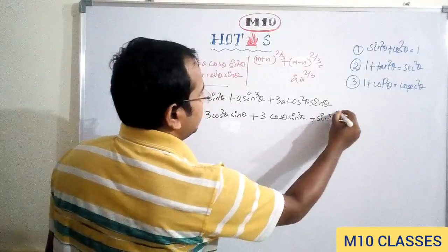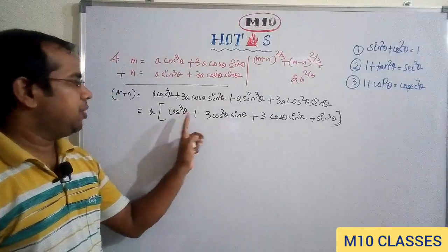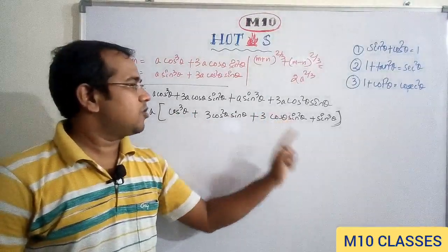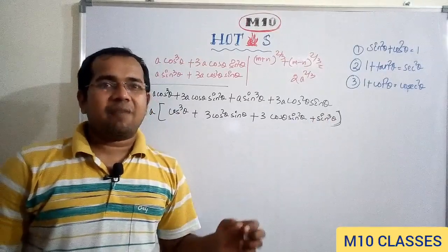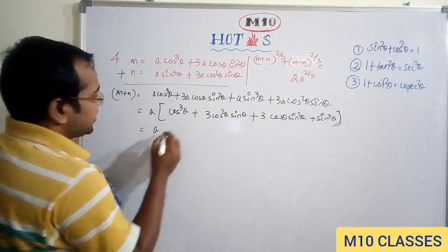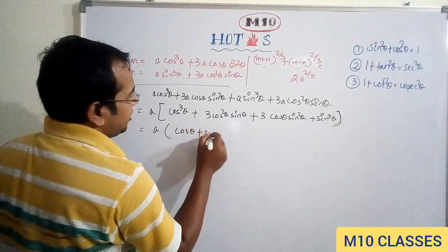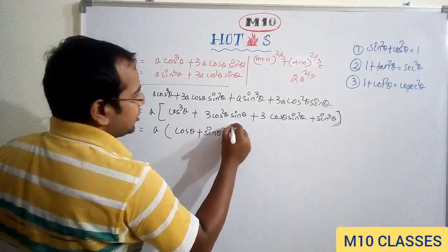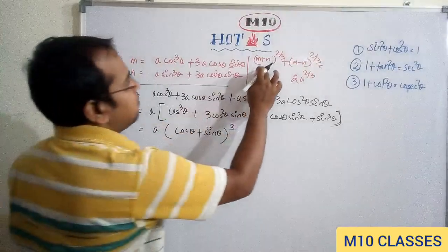Students, see here, it is in the form a cube plus 3a square b plus 3ab square plus b cube, which is nothing but the formula for (a plus b) whole cube. So I can write it here as a whole into (cos theta plus sin theta) whole cube.